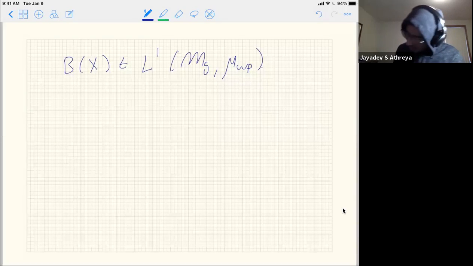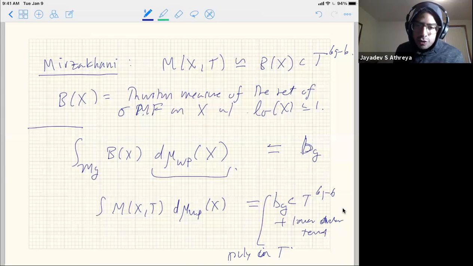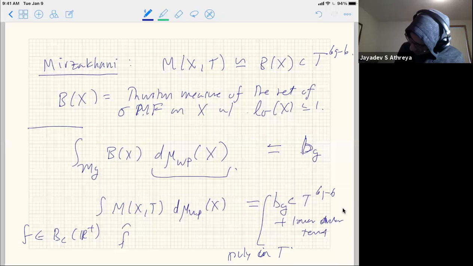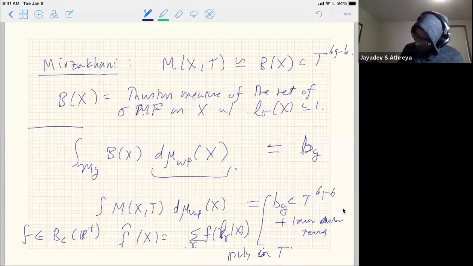I should also mention, and I won't have time to discuss it in great detail, there's a version of a Siegel formula that Mirzakhani comes up with, where she says, start with a bounded compactly supported function on R plus, then define f hat of a surface to be the sum over all the curves gamma of f evaluated at L gamma of x, the length of gamma on x.